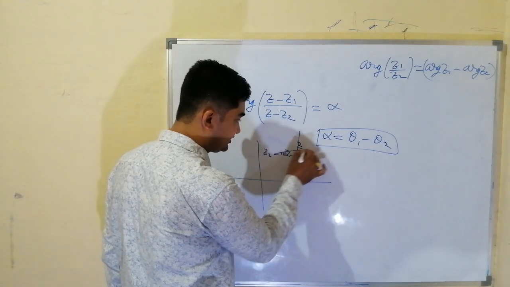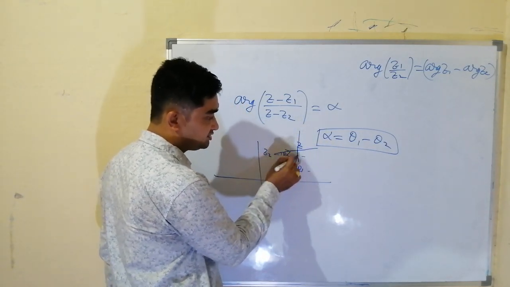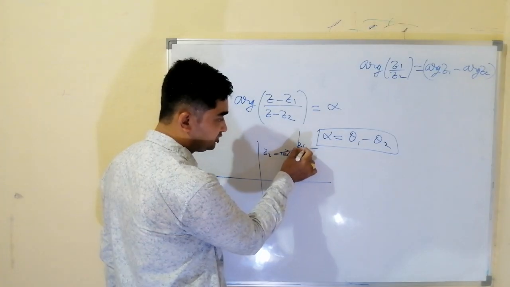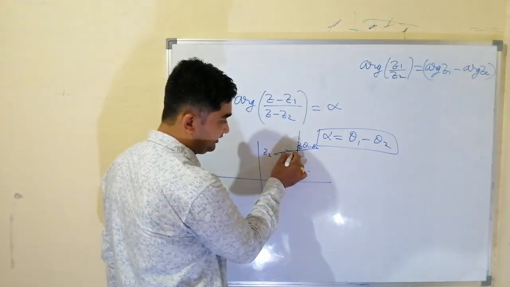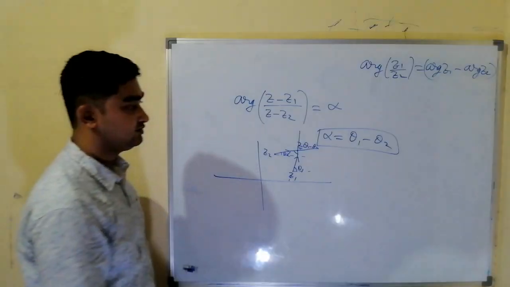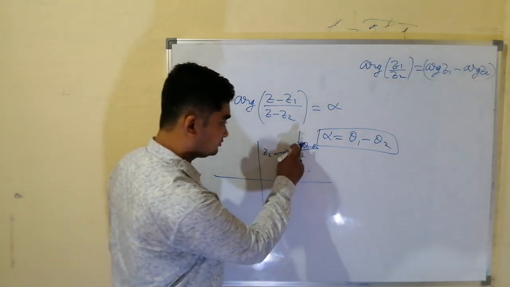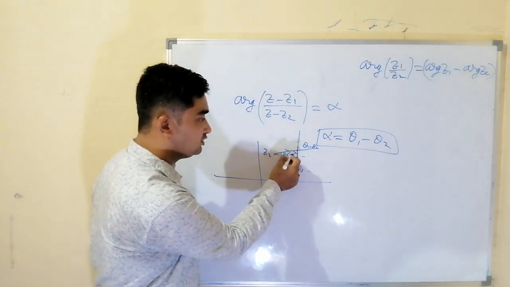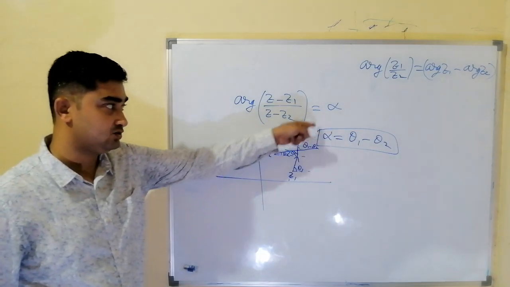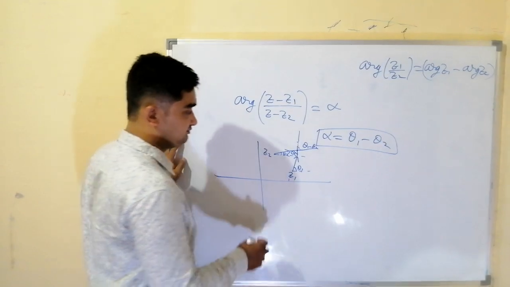Let us extend this. If this is theta 1 and this is theta 2, then this angle is also theta 1 minus theta 2, and the vertically opposite angle is also theta 1 minus theta 2, which is actually alpha. Why is it so?